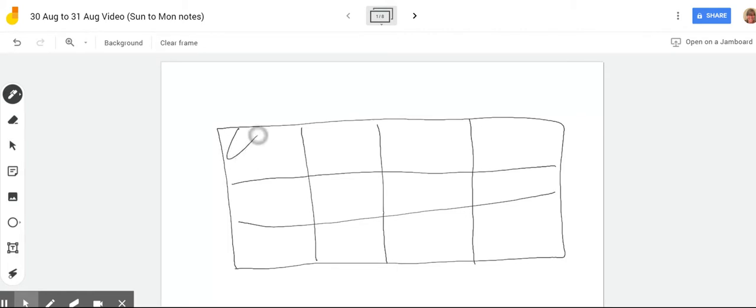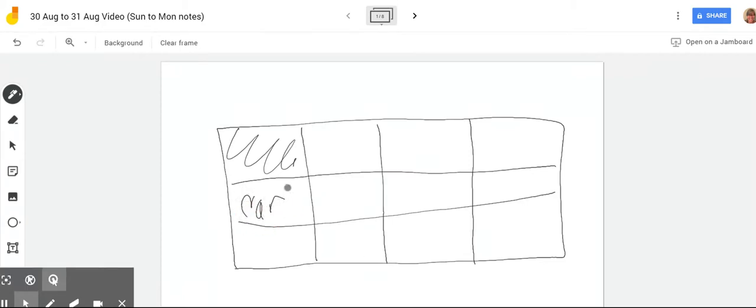Usually you're comparing one, two, or three things. So let's say they're talking about train one, train two, or runner one, runner two. That goes here. Or let's say we're talking about car one and car two. That's where that goes in the chart.